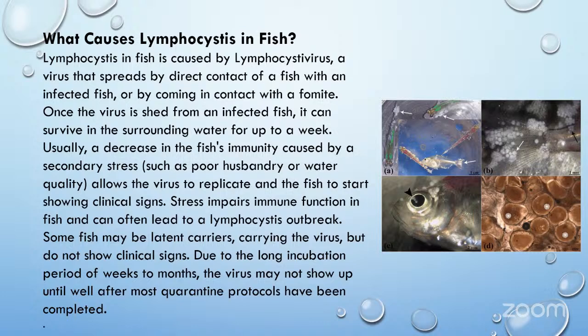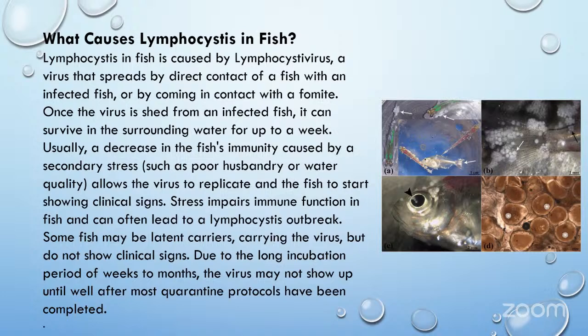Usually, a decrease in the fish's immunity caused by a secondary stress, such as poor husbandry or water quality, allows the virus to replicate and the fish to start showing clinical signs. Stress impairs immune function in fish and can often lead to a lymphocystis outbreak.